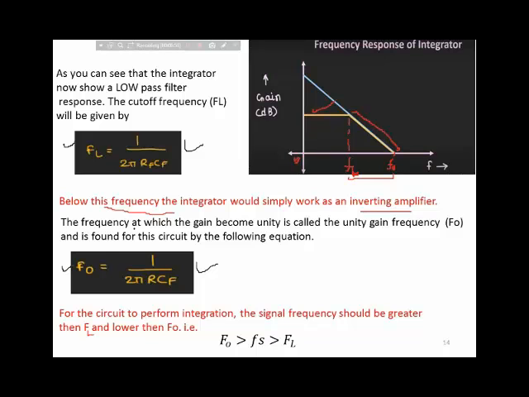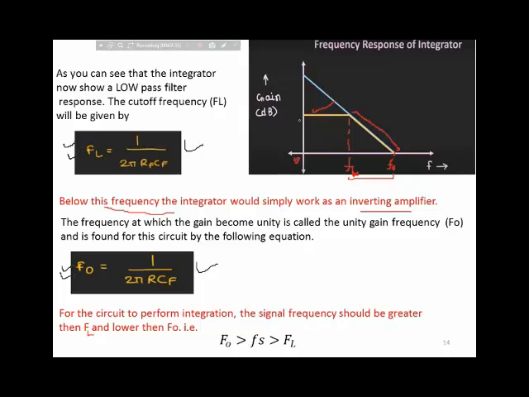Also derive the relationship of these two frequencies, FL and F0, where FL is the cutoff frequency and F0 is the unity gain frequency of an integrator. Take it as an assignment. Let me call this assignment 3: derive the relationship, work out the circuit, and come up with the derivation of these two equations. That is the cutoff frequency of the low pass filter.